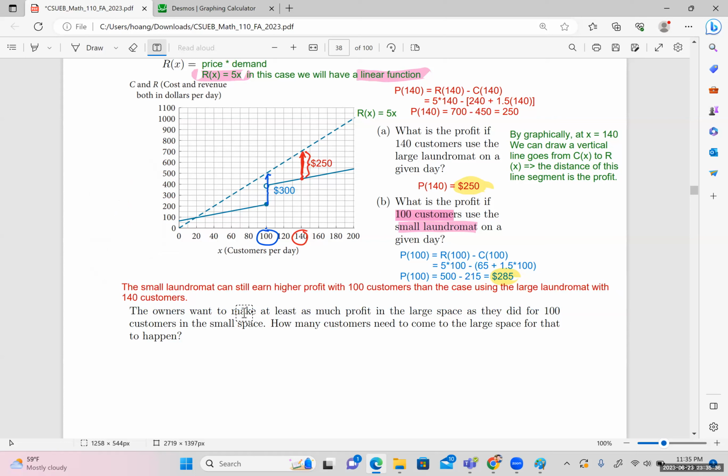So as you can see, the small laundromat can still earn a higher profit with 100 customers than the large laundromat with 140 customers.